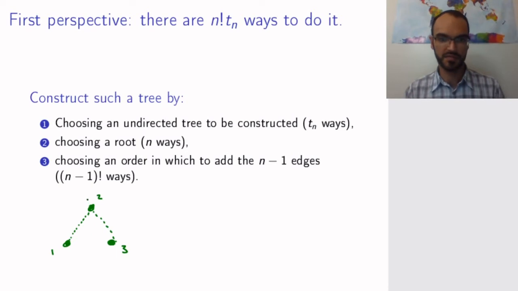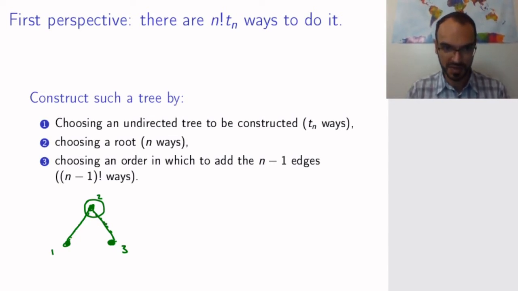Let's say this one is the root. Then in which order do I add the edges? Let's say I want to add this edge first and this edge second. And of course, since I have chosen my root, the direction on the edges is automatic. That is not something I get to choose. The root dictates that this will be a one-way street in this direction and this will be a one-way street in this direction.